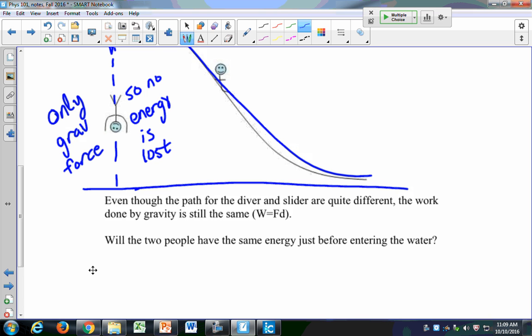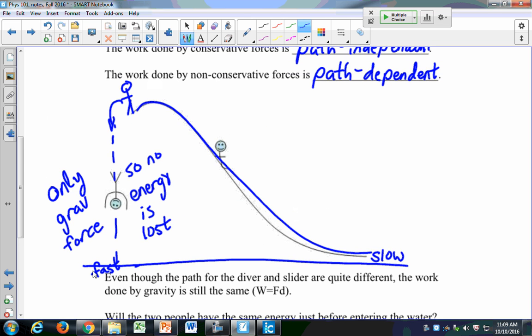As a result, this person is going fast, and this person over here is going relatively slow in comparison. And the reason this person is going slower is because I have a frictional force that is acting all the way up, all the way down, the entire path of the slide as it goes down the slide. And this frictional force is continually taking away energy, taking away energy, taking away energy, all the way down the slide.